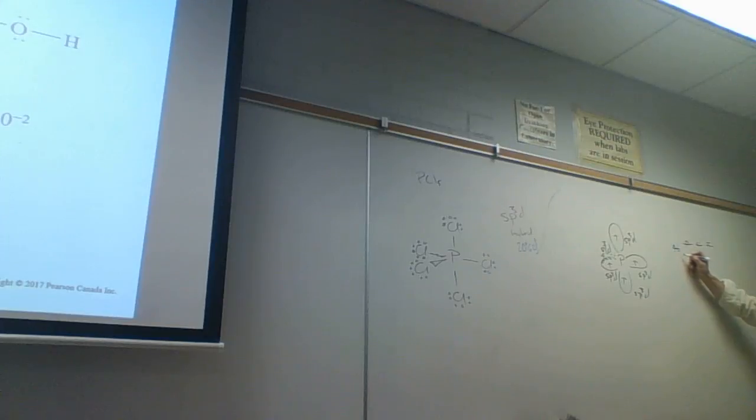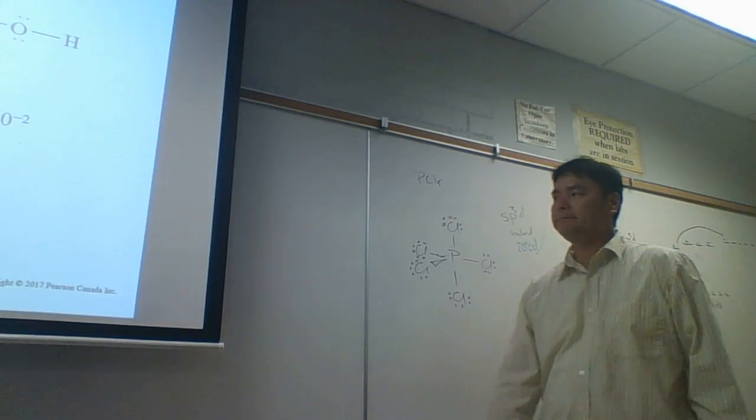But if we promote this, this is the 3s, this is the 3p, if we promote this 3s to the 3d up here, then we can form 5 bonds. And then we minimize the repulsions by spreading out those 5 orbitals as far apart as possible, which would be sp3d. And then we are capable of forming 5 single bonds like this. And then the chlorines are going to come in. What's the hybridization on the chlorine?